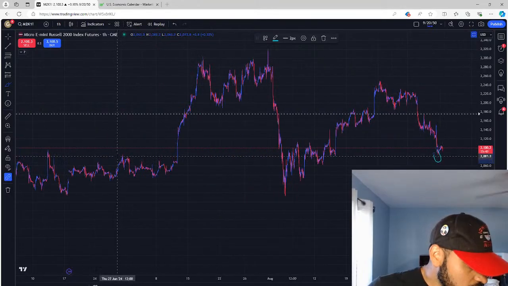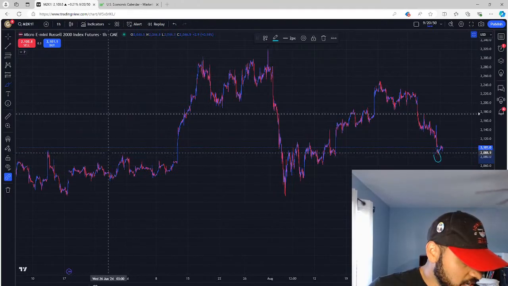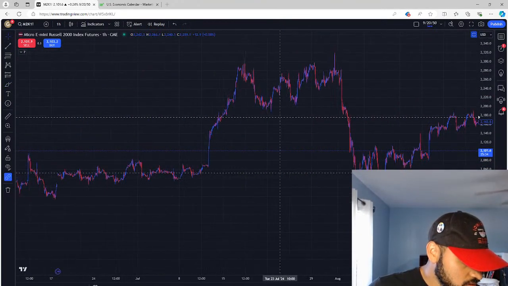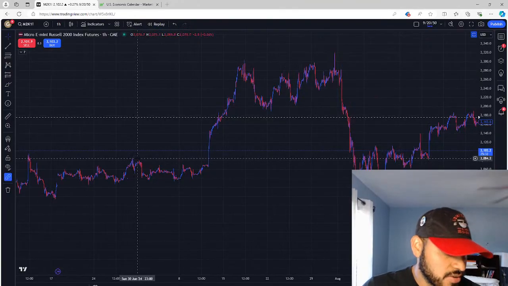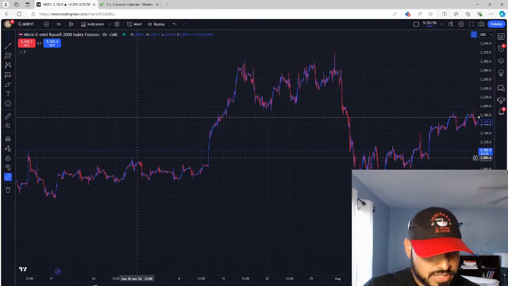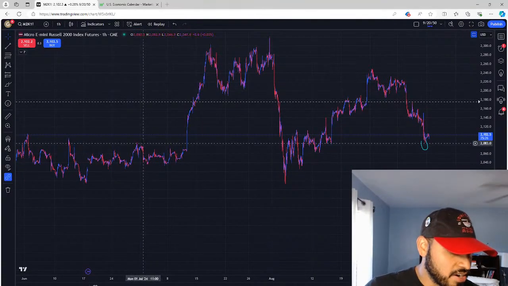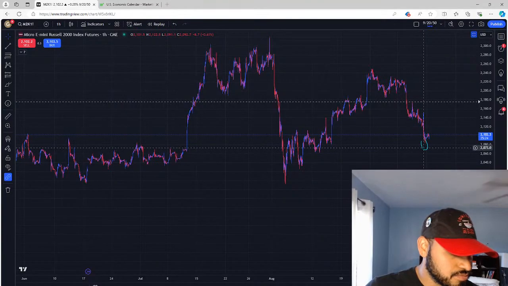So I can probably see something right here. We have rejection right here, as this used to be resistance and has now turned support. If we zoom in right here, we're trading around that range. So we can possibly highlight this.